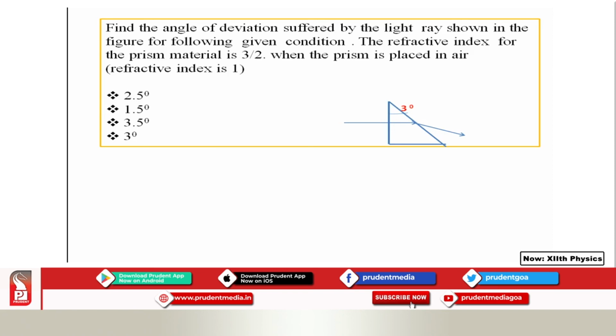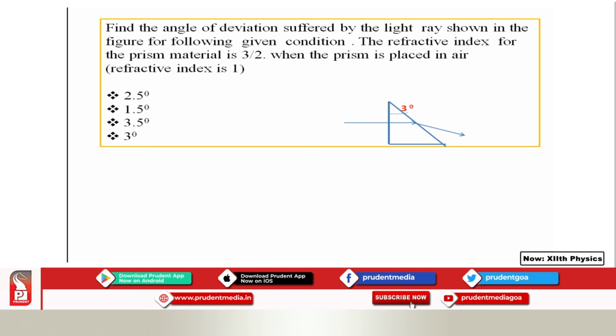So, let us go for a very simple problem. The figure is given to you all. It says: find the angle of deviation suffered by the light ray shown in the following figure for the given condition. The refractive index of the prism is given as 3/2, and the prism is placed in air, whose refractive index is 1. Can you see here the angle is 3 degrees?